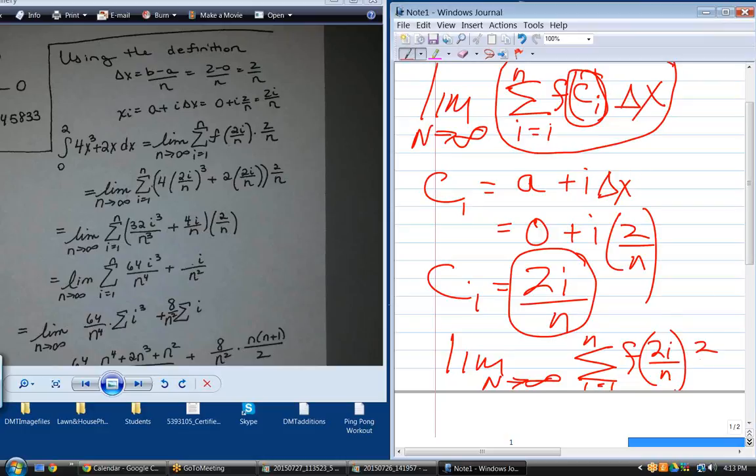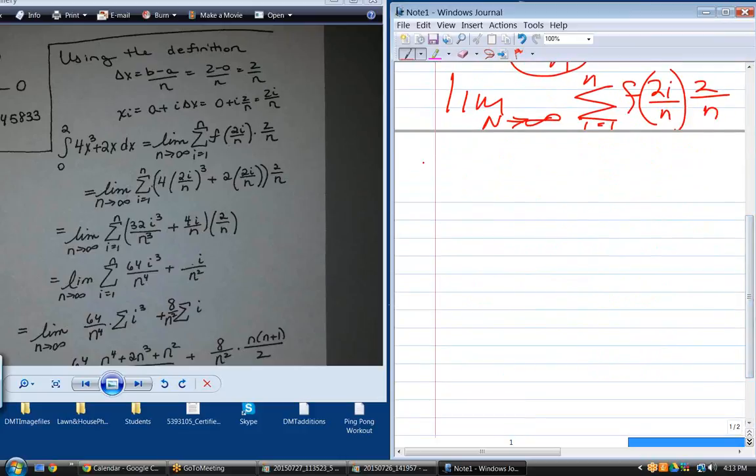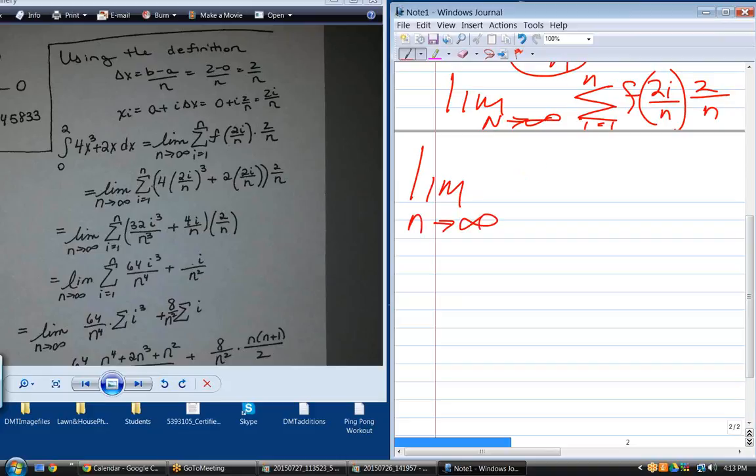And notice now I'm going to end up with a function that is nothing but i's and n's. Well, my function is f of x equals 4x cubed plus 2x. So this becomes the limit, as n goes to infinity, of sigma as I goes from 1 to n. Well, what is that?